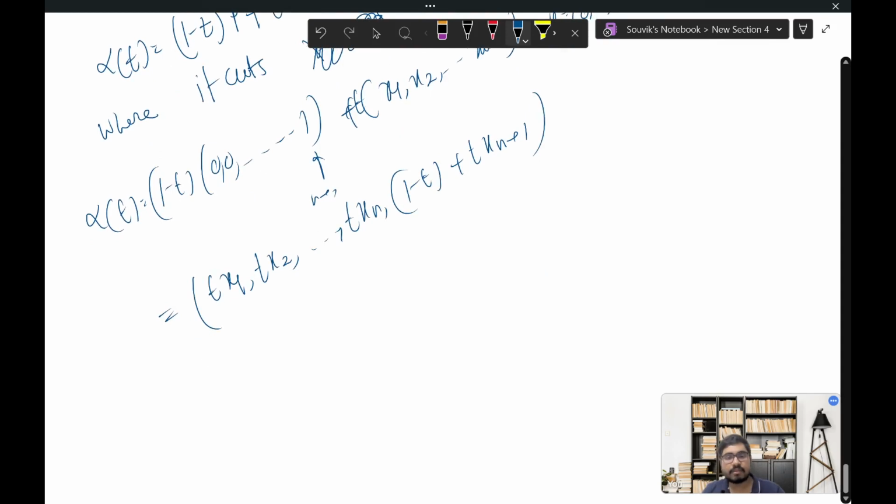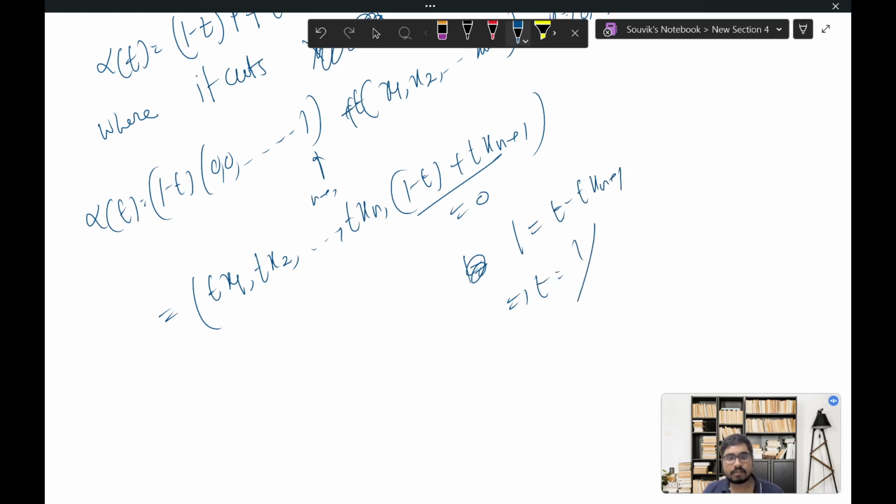For this to be 0, what will be our t? So 1 is equal to t minus t xn plus 1. This implies t is equal to 1 by 1 minus xn plus 1.